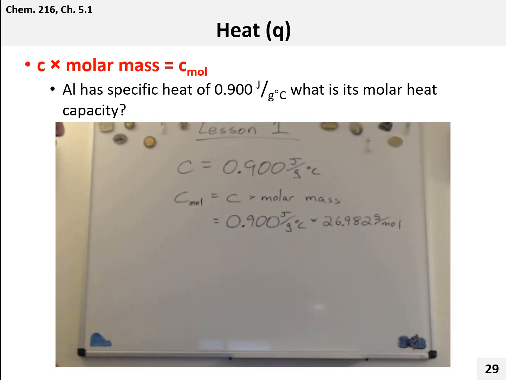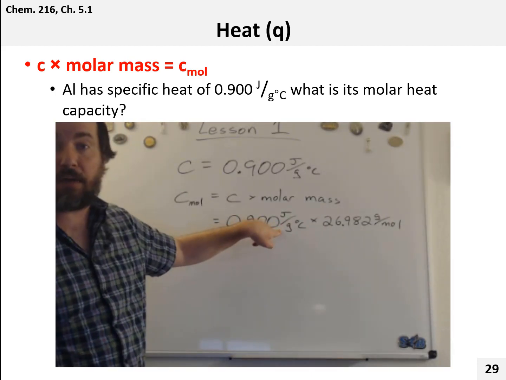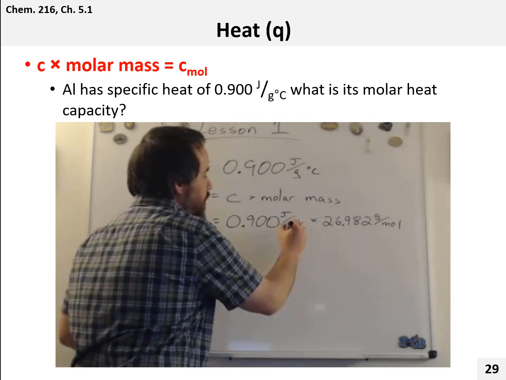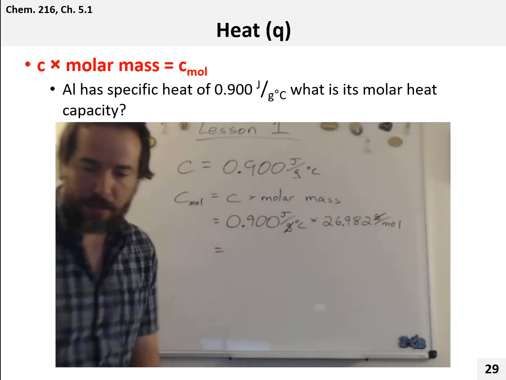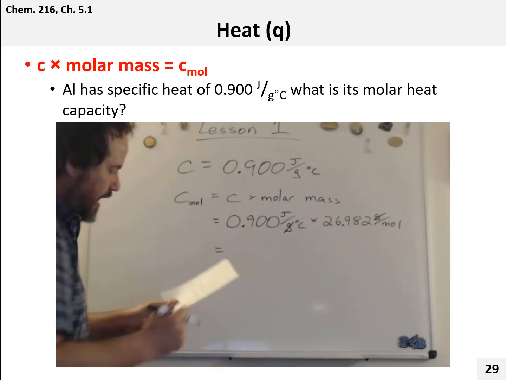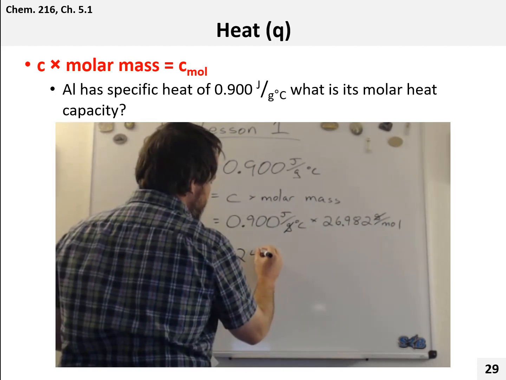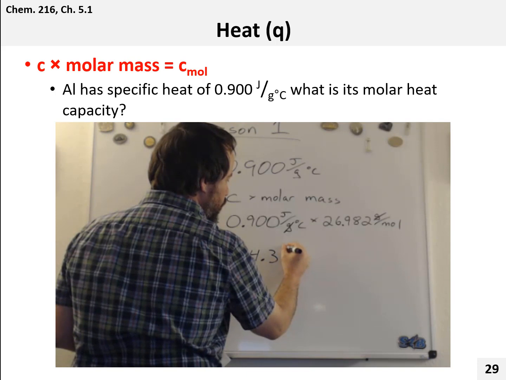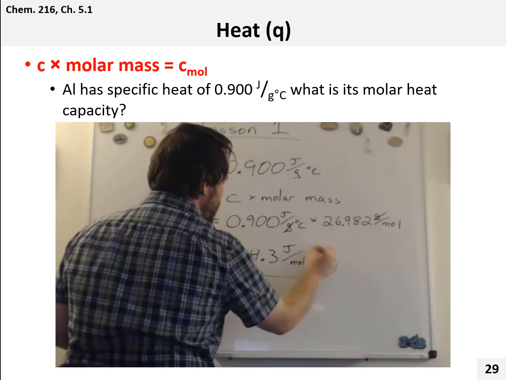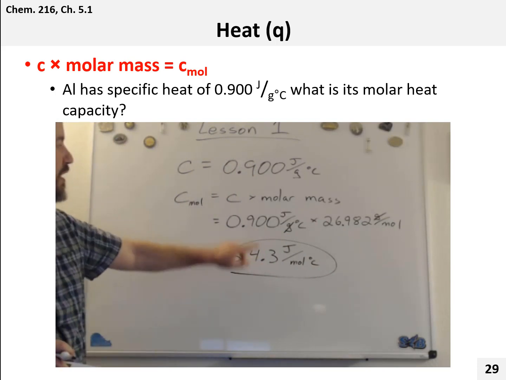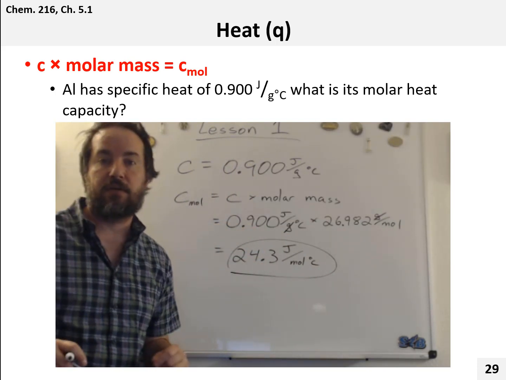So notice what happens. I have grams on the bottom here, grams on the top here. They cancel out. So I'm going to get something that's 24.3 joules per mole degrees C. I end with 3 sig figs because I started with 3 sig figs. Okay?